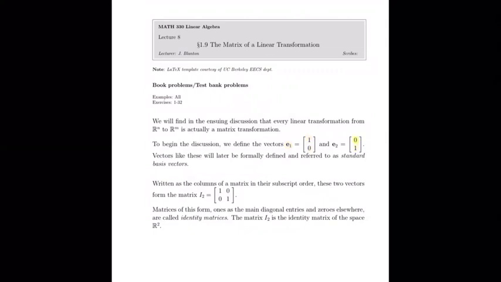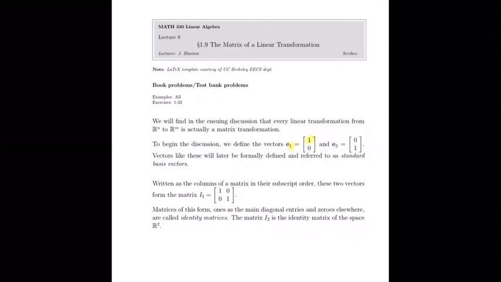In an n-dimensional vector space, Rn, E sub n, the nth standard basis vector, is the vector whose entries are all 0 except for the nth entry. So here the second entry for E2 is 1, everything else is zeros. The first entry for E1 is 1 and everything else is 0.